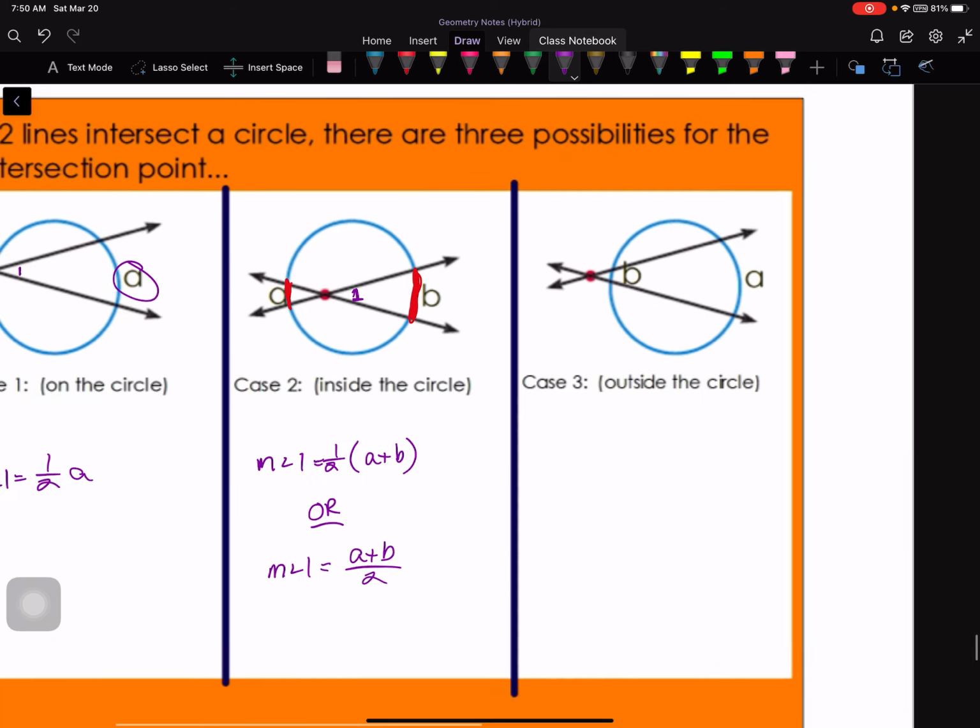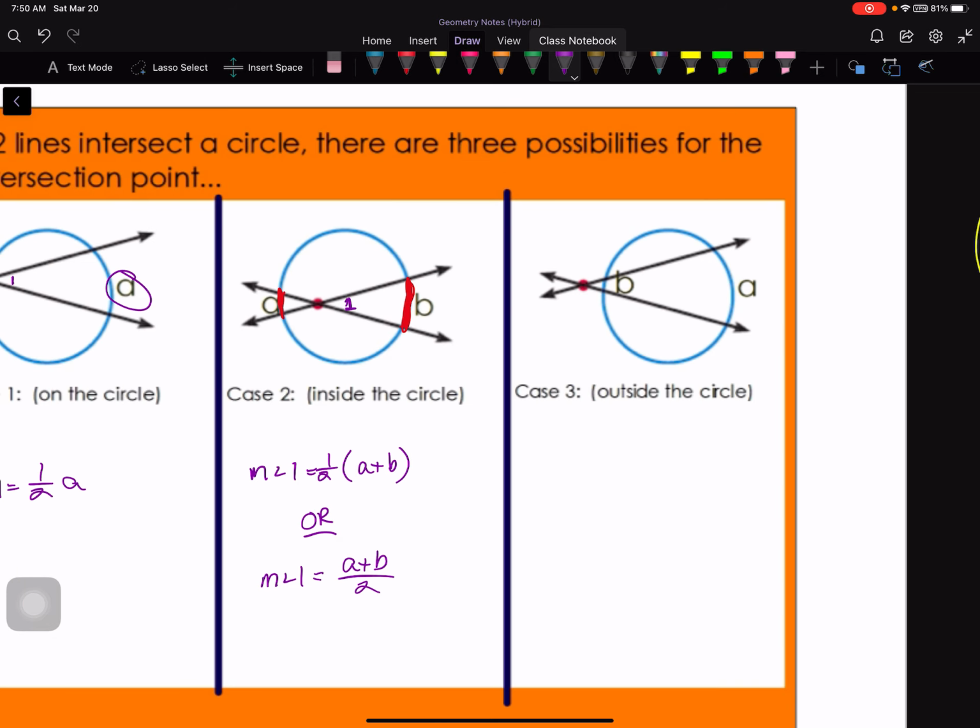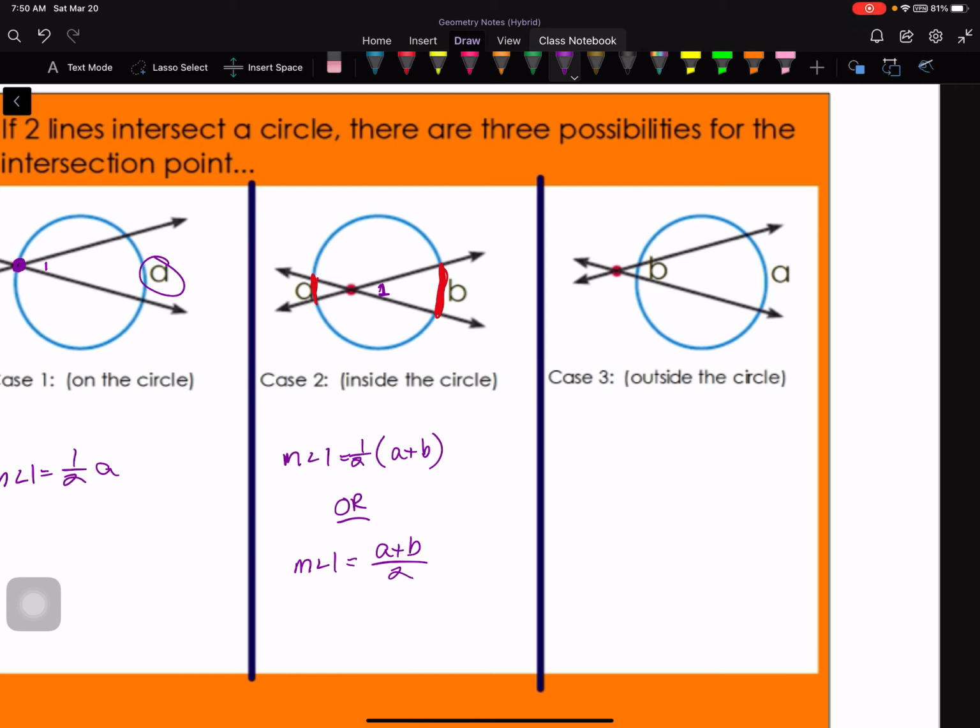All right, if we have an angle whose vertex is outside of the circle, so we'll call this one right here angle 1. Okay, so if that's our angle and we want to find the measure of angle 1, we're going to take 1/2 of A minus B. So now it's important you get the order correct.